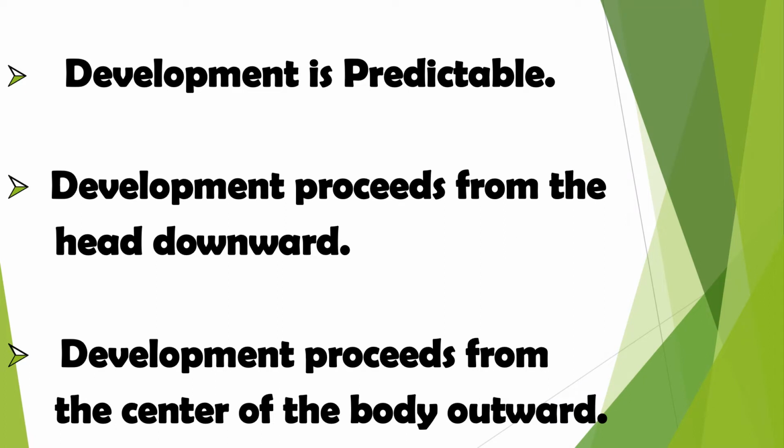Next is development is predictable, meaning human development is predictable during the lifespan. Although this development is influenced by both genetic and environmental factors, it takes place in a predefined manner. Specific areas of development, such as different aspects of motor development, emotional behavior, speech, social behavior, concept development, goals, and intellectual development, follow a predictable pattern.